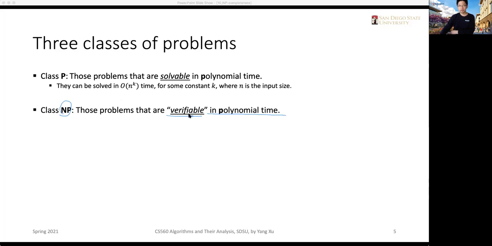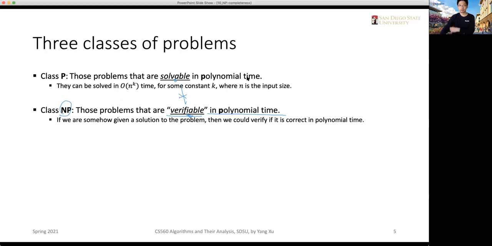Okay, so the action of solving something is different from verifying some solution. And actually verifying some solution is much easier. Okay, so to verify a solution means that if we give a solution to the problem, then we can verify if this is correct in polynomial time.